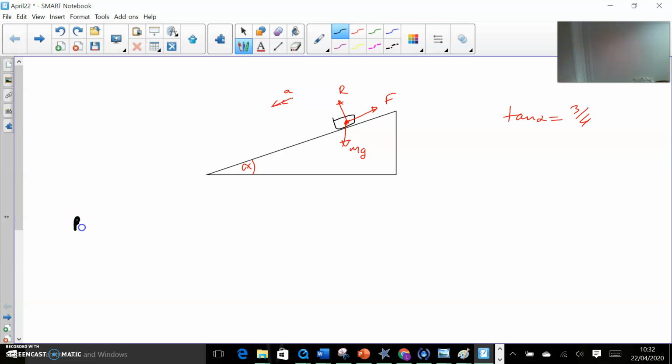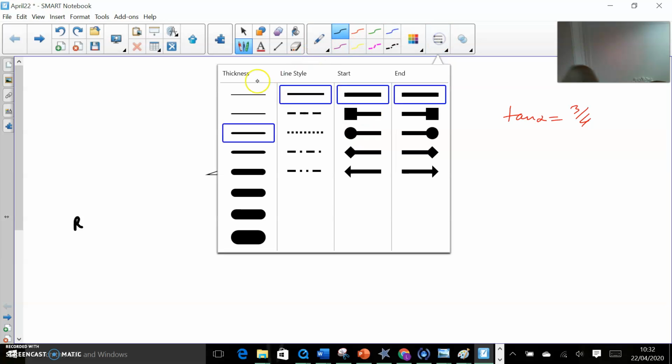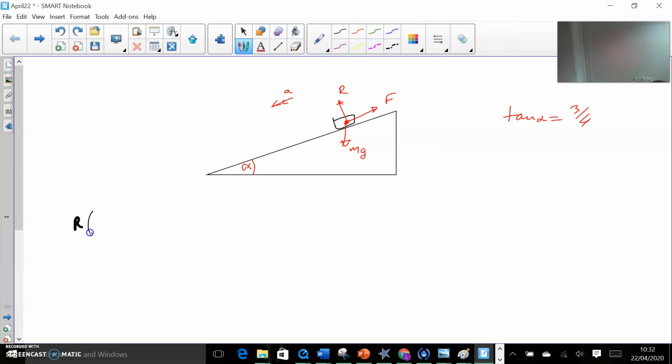Let's go for parallel to the plane first of all, and I'd indicate that as an arrow going that way, in the direction of motion. It's going to move down the plane.